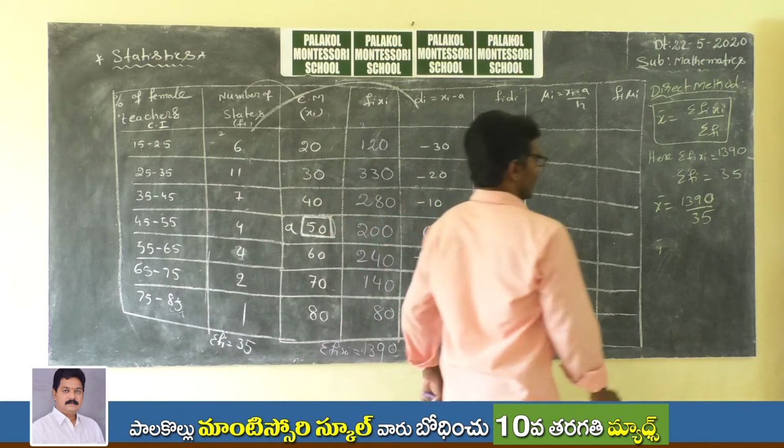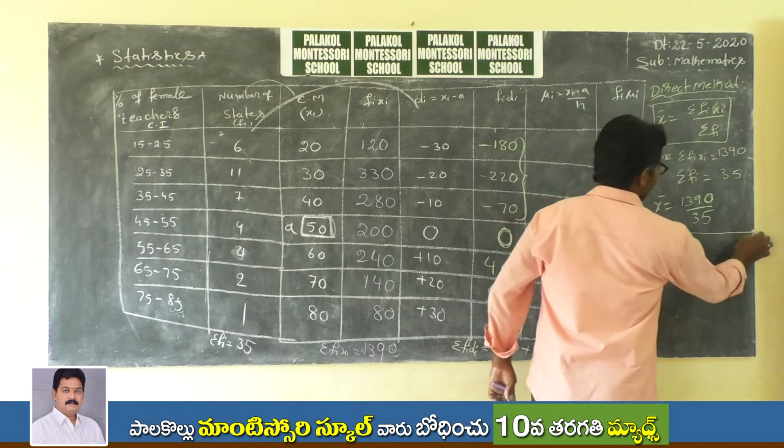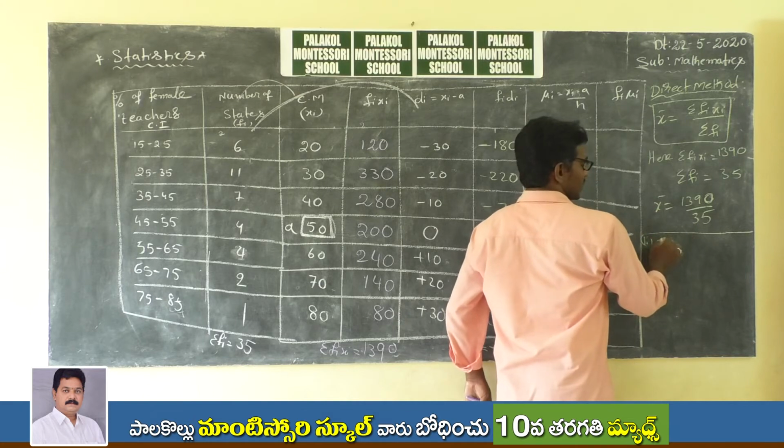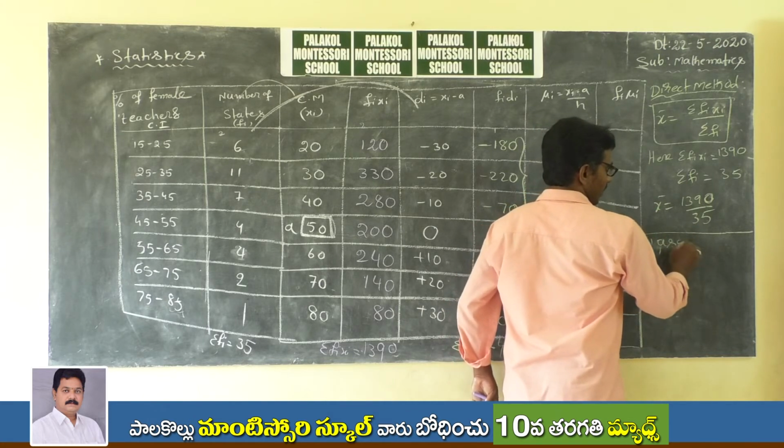Now see here, I write the second method, the assumed mean method.